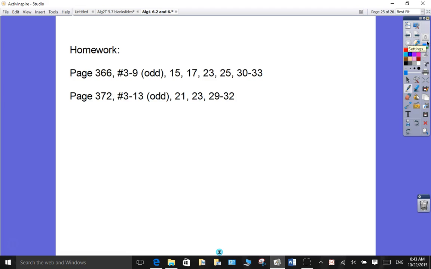And then you just have that added from the section we added. 366 was the second of the two. I put it on the board and some people did it. But if you didn't do it, you still need to do that. And then this, nobody got yet.